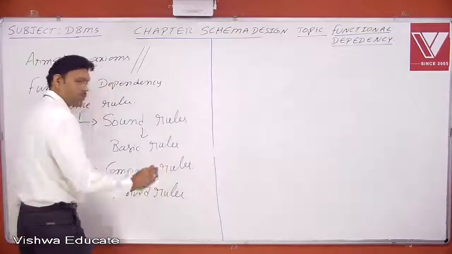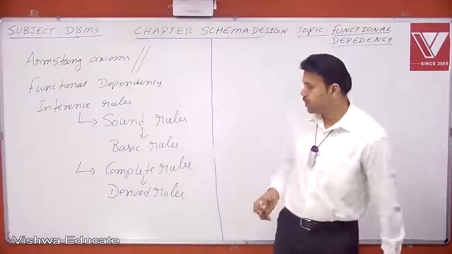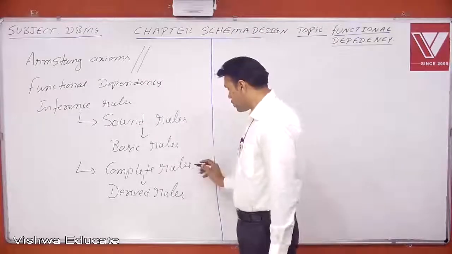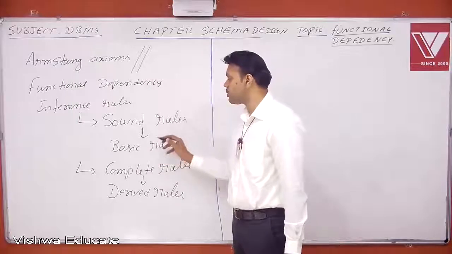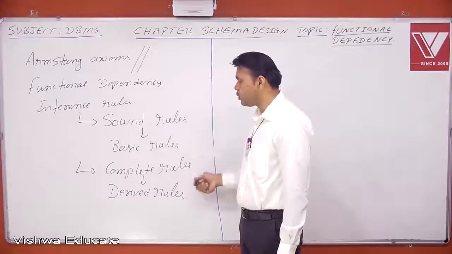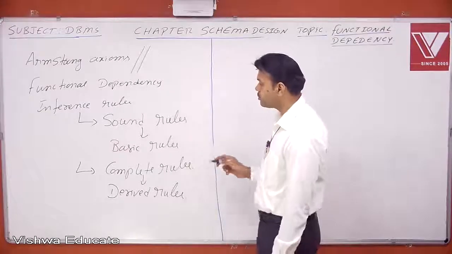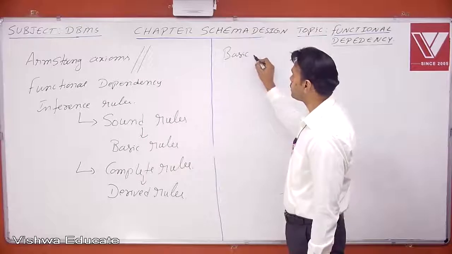Okay guys, so why have they been called derived rules? Because these rules depend upon sound rules. That's why sound rules are basic rules. From basic rules, these rules have been derived. Okay, so what are the basic rules we have?